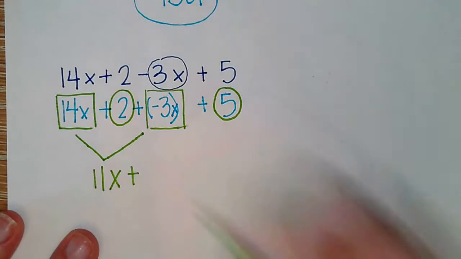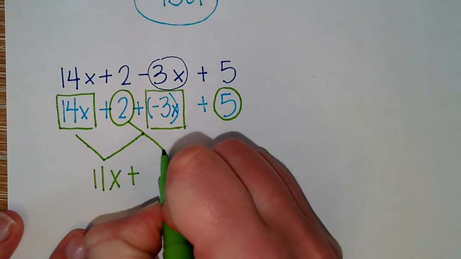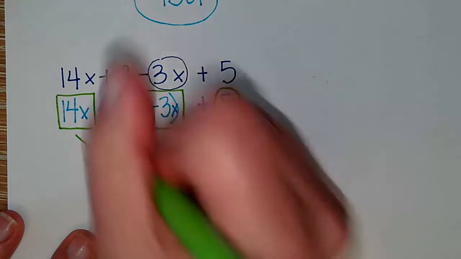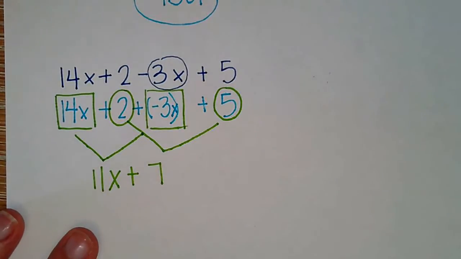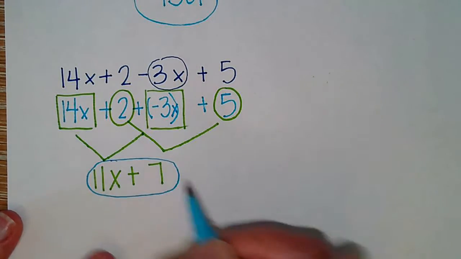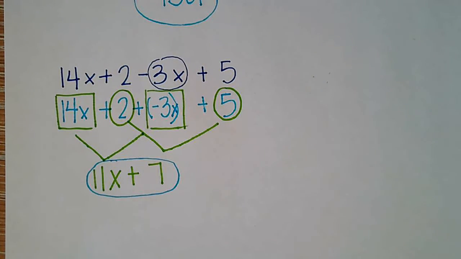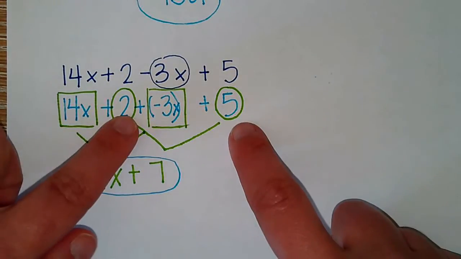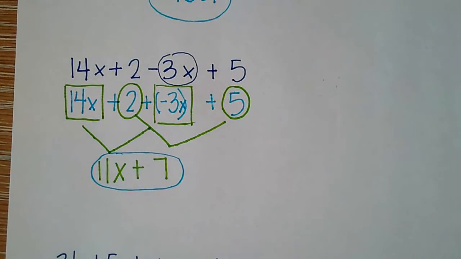I will add that to my combination of 2 and 5, which is 7. Right here, I have my expression written in simplest form. I combined my x variables, combined my constants, and I'm good to go.